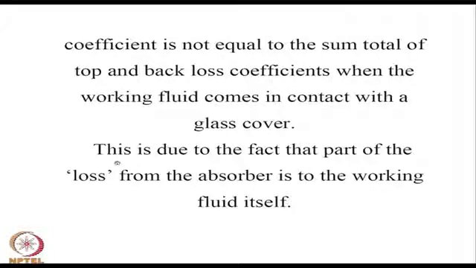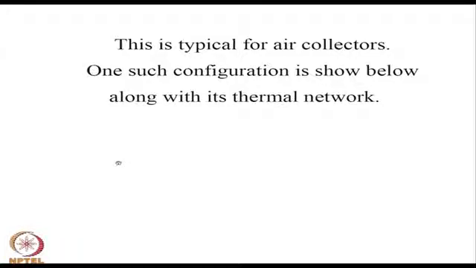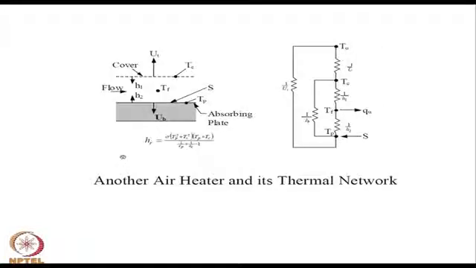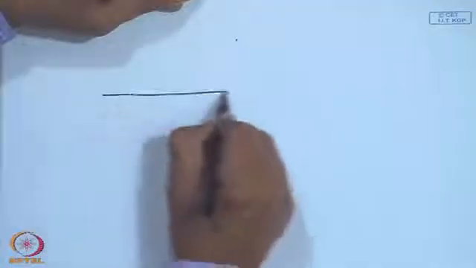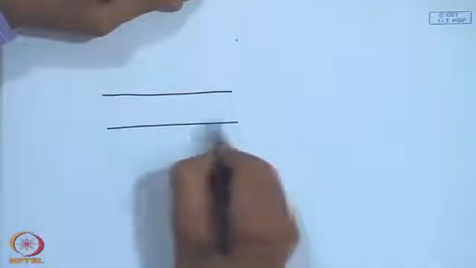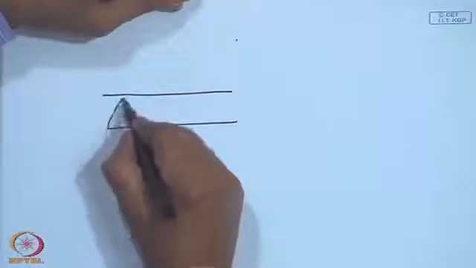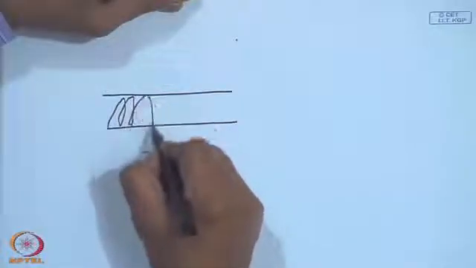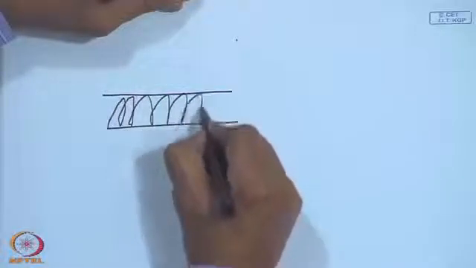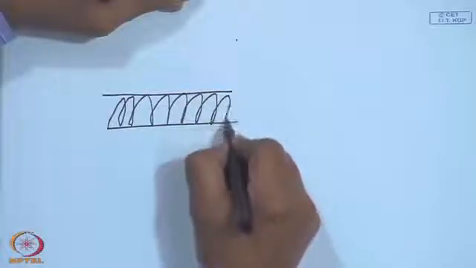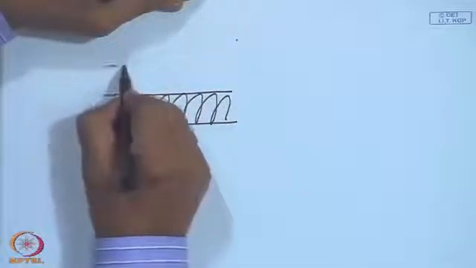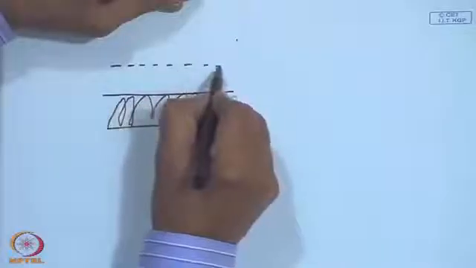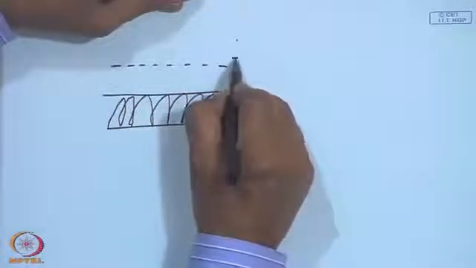So, we will show one such configuration which I have already shown. This is the insulation. This is the top glass cover at a temperature of T c. This is at T p.